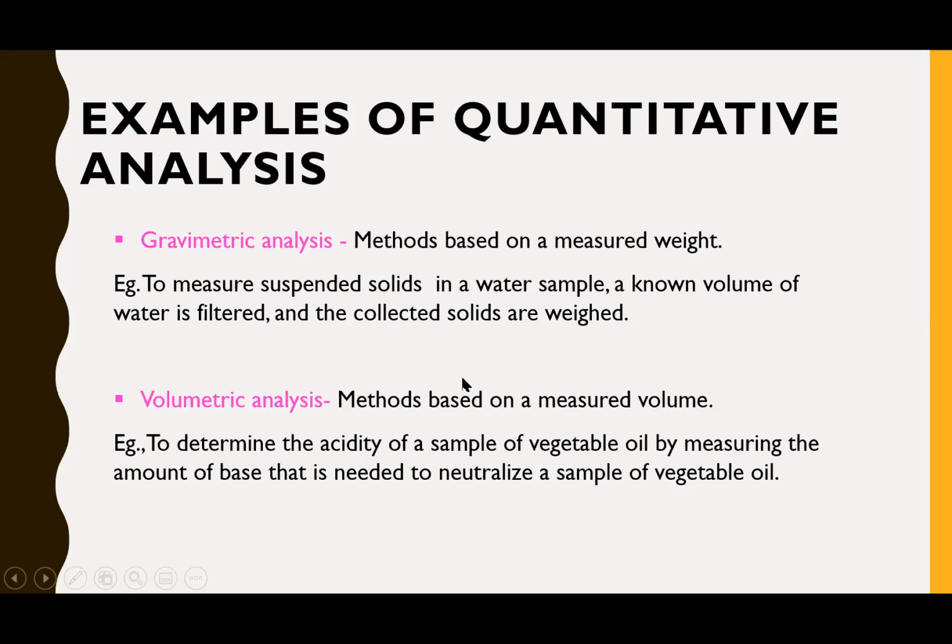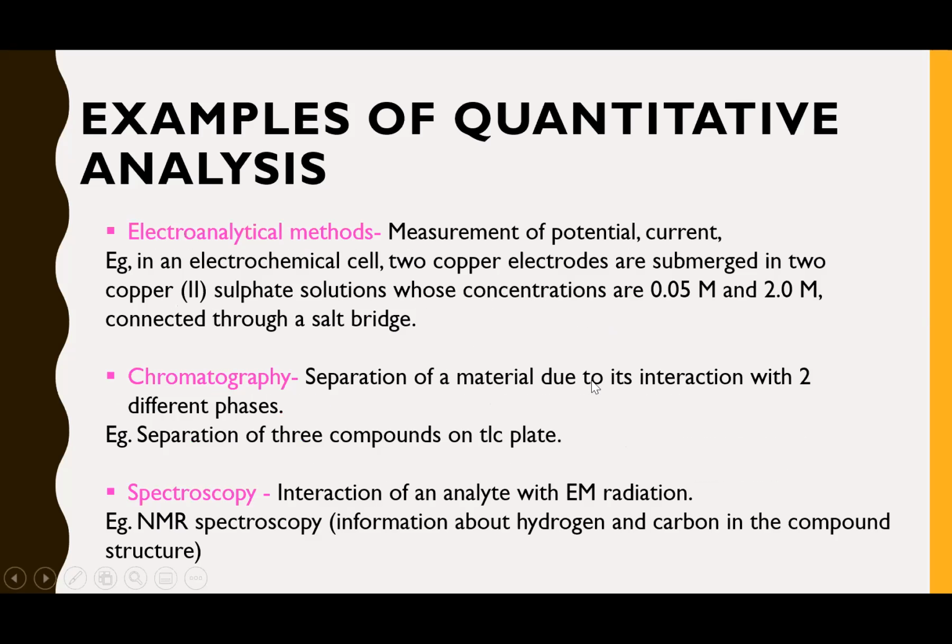Next is volumetric analysis, for example, titration. Electroanalytical methods, for example, electrolysis, which can give you the concentration of your analyte. Chromatography analysis, where you do separation of your material between different phases.